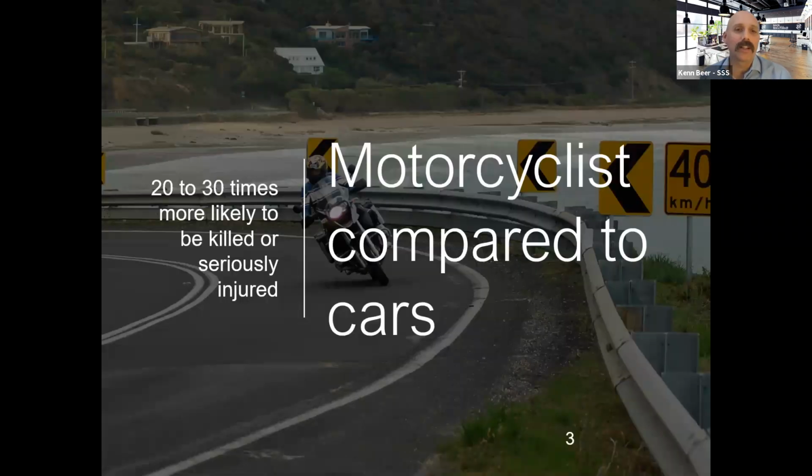So really, motorcyclists are probably our highest risk road user, and depending on which bits of research and evidence you look at, somewhere between 20 and 30 times more likely to be killed and seriously injured than the same travel in a passenger vehicle.